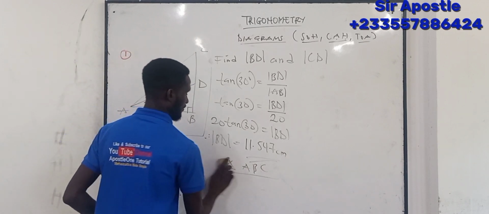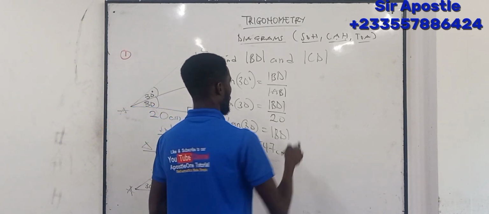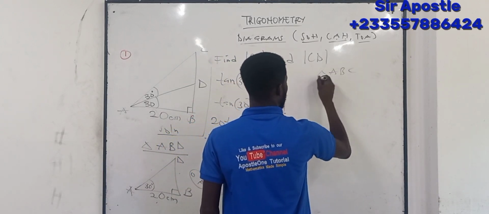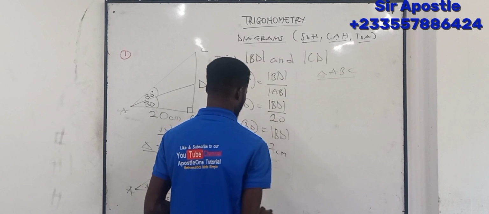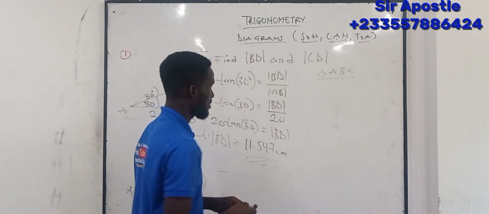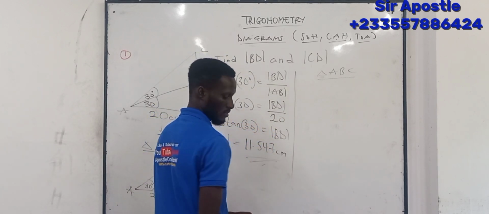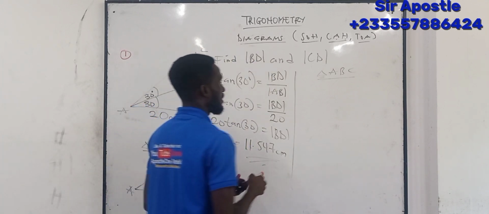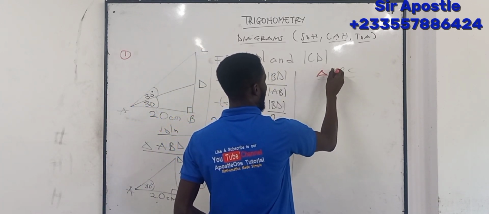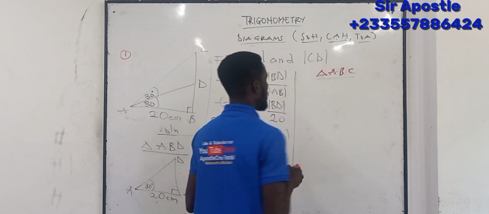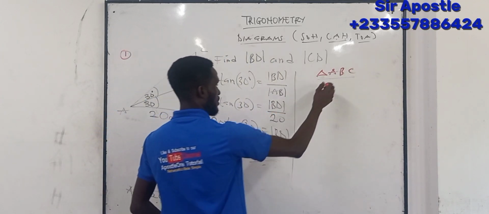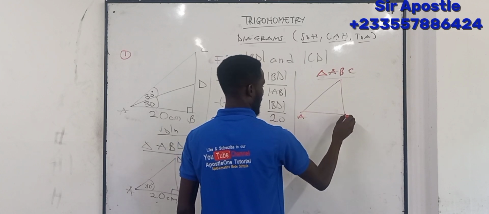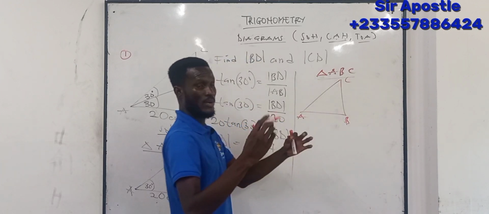Let me draw it here. So triangle ABC. Here is A, this side is B, this side is C. That's the bigger one.